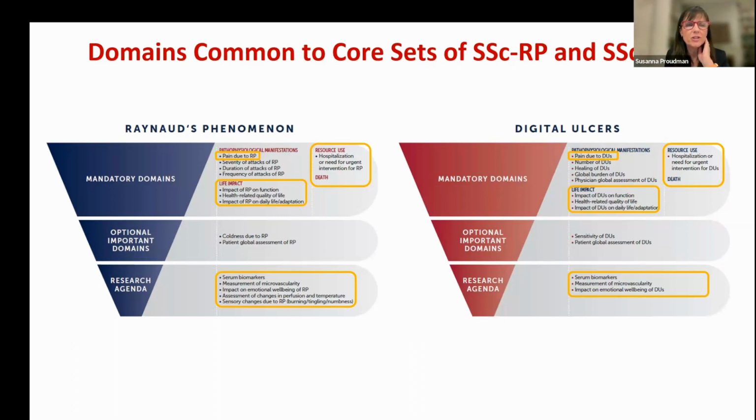As far as the definition used in the Delphi, global burden of digital ulcers was described as the global burden and impact of digital ulcers. This may be related to number, size, or location of ulcers, as well as time to healing. And so it is a little bit problematic, this concept. It's certainly an item which was rated highly by both stakeholder groups.